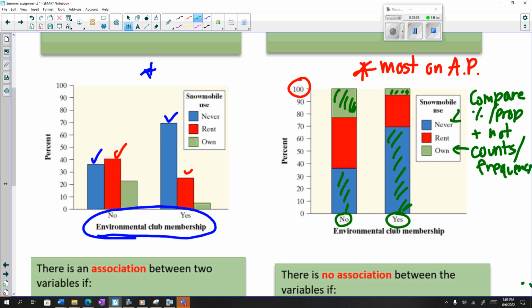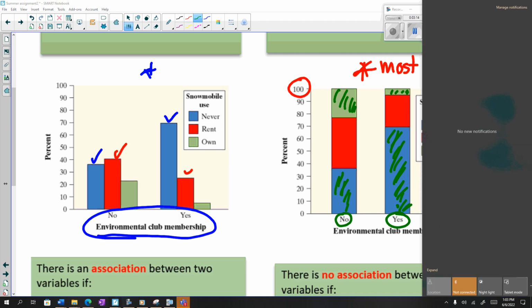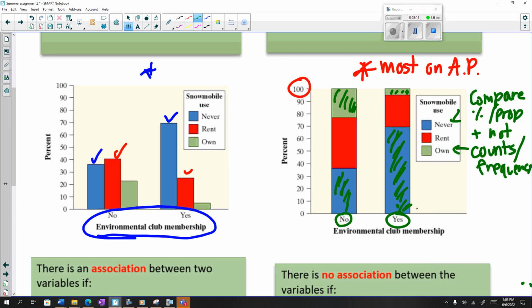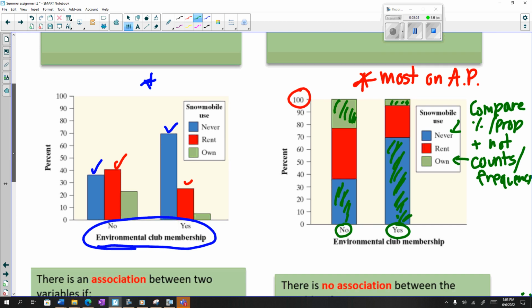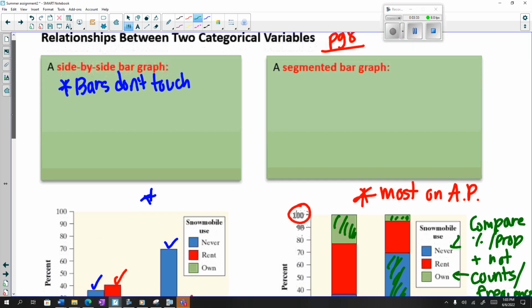I'm going to say there's a greater percent of those who never owned a snowmobile in the people who are members of the environmental club over those who were not a member of the environmental club. I'm not saying there's a greater amount of snowmobile nevers, because the problem is that the totals could be different totals. So we never really want to compare counts. We just want to compare percents.